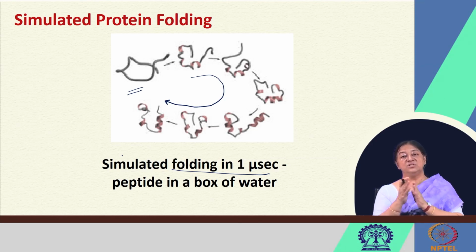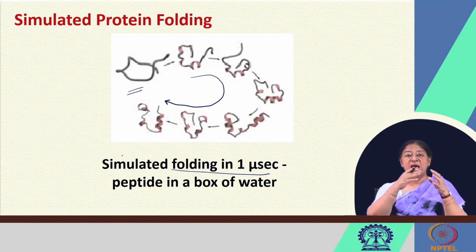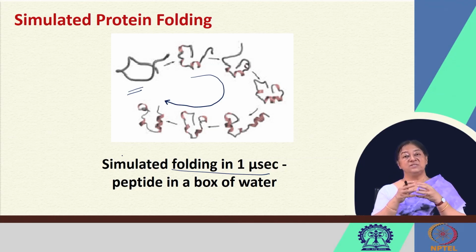So, the different methods that we spoke about, whether we are looking at homology modeling, where we are saying that there may be a structure that is similar, and we look for the structurally conserved regions and then map the rest of the linkers and so on and so forth to give us our model.